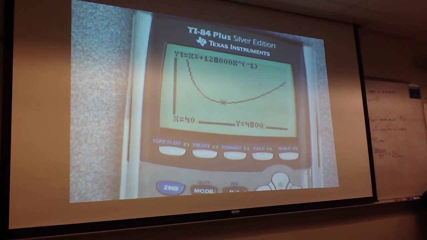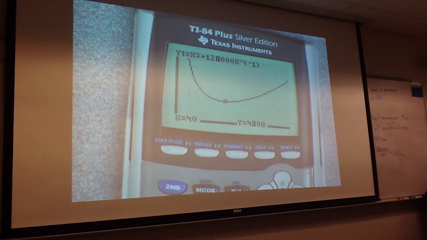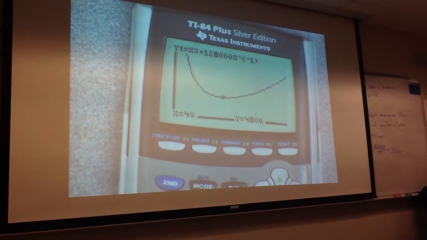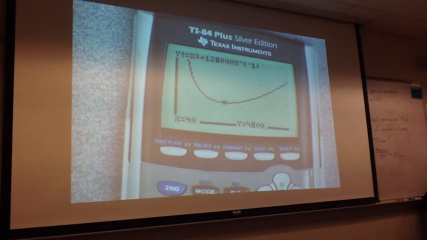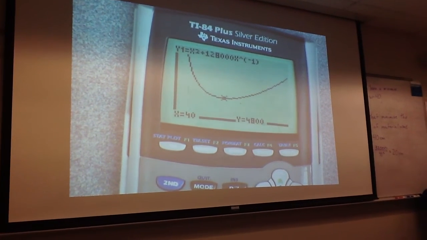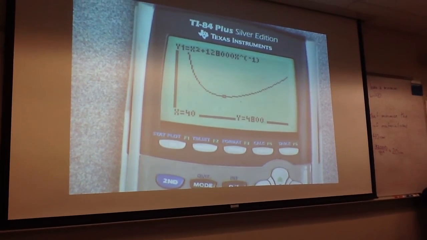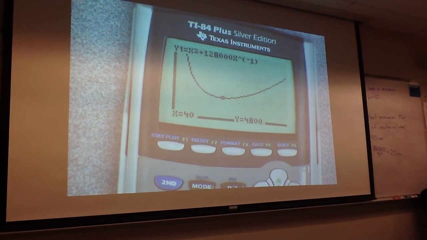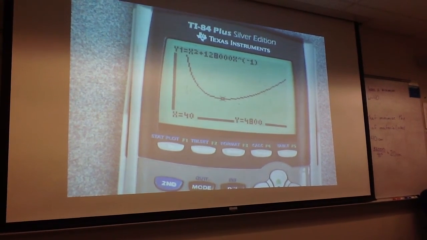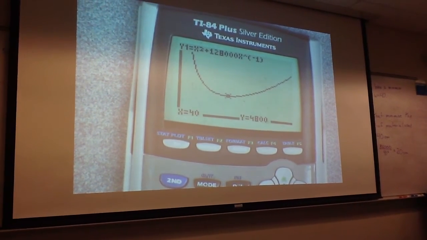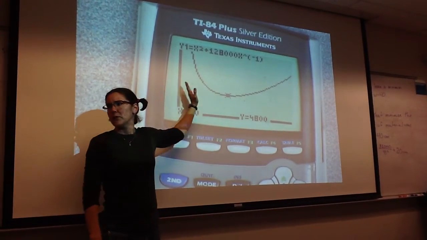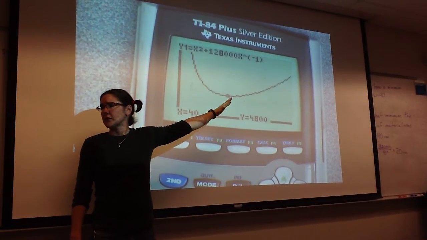Well, one issue is that your window is going from negative 10 to 10. So you're getting the part where you have a vertical asymptote at x equals 0. So my vertical asymptote is over here on the left. Change your x window from 0 to 100 and see if it helps your picture.